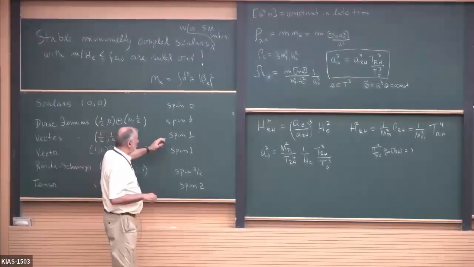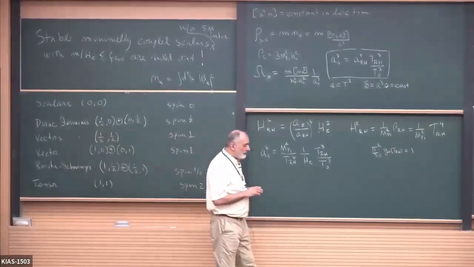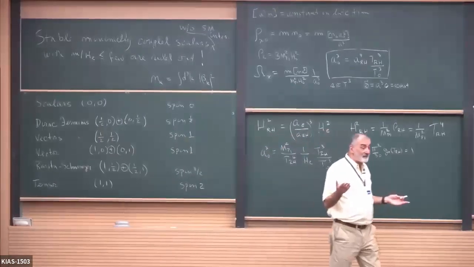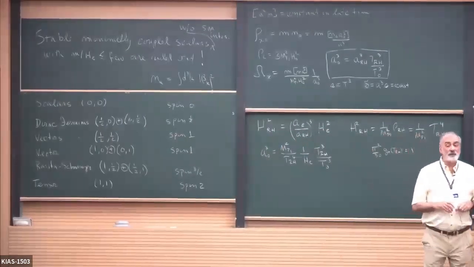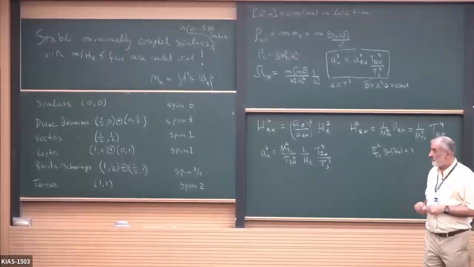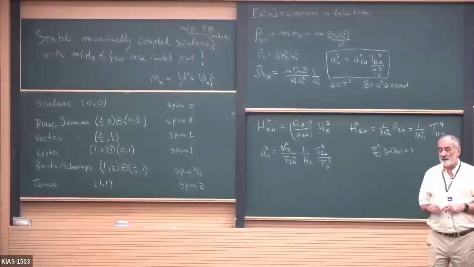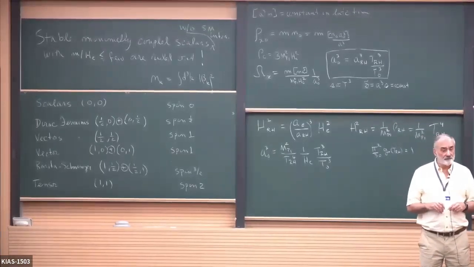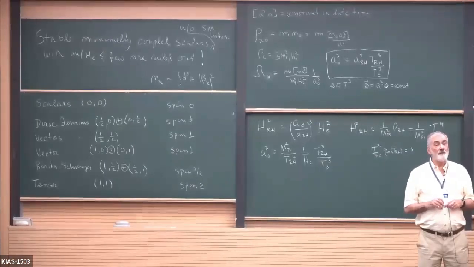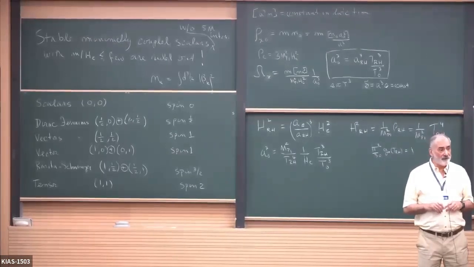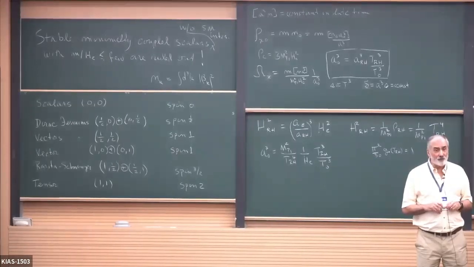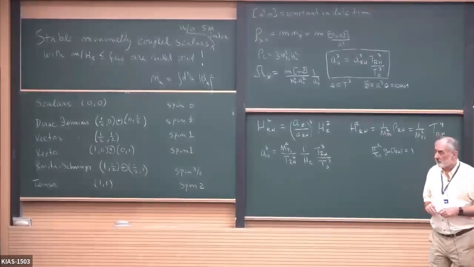Spin 1 that people are familiar with would be electrodynamics. But I will consider massive spin 1, a Proca field, because the massless spin 1 field will be conformally coupled. So we will not have gravitational production of photons.